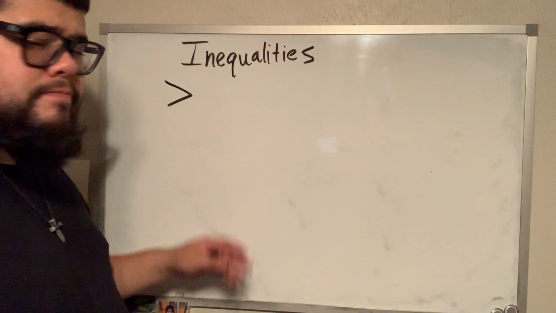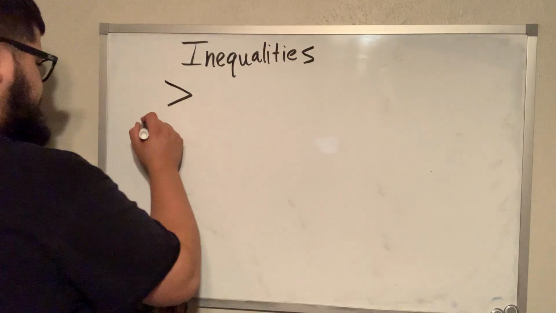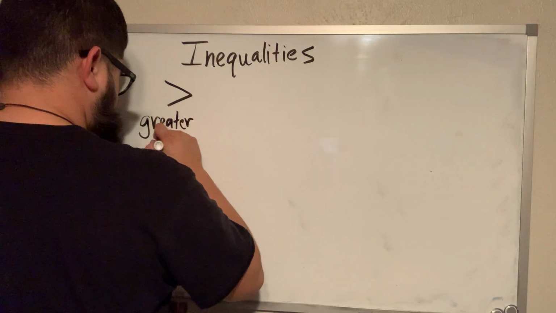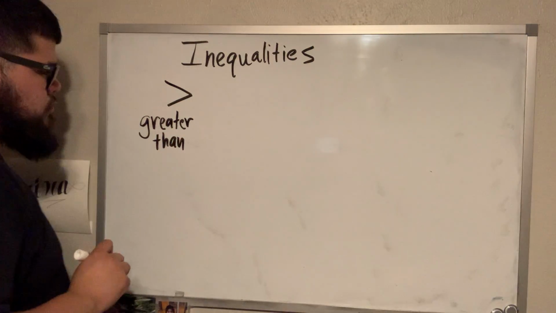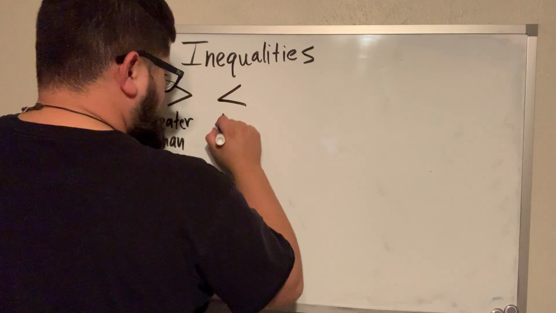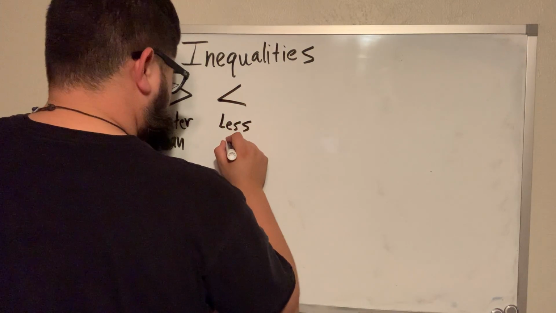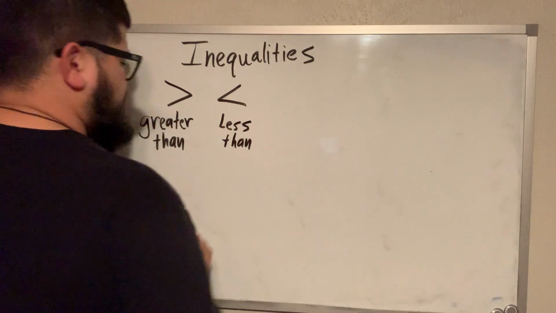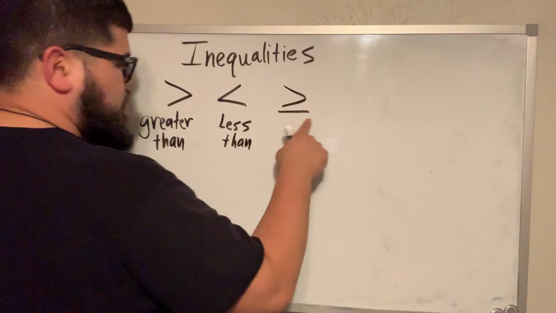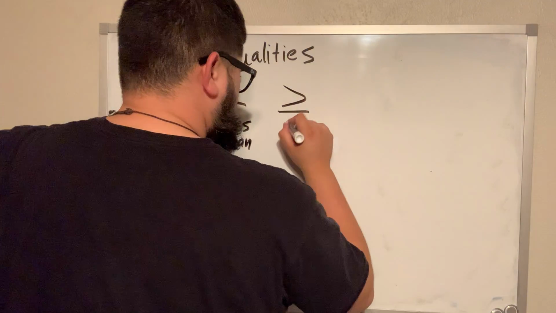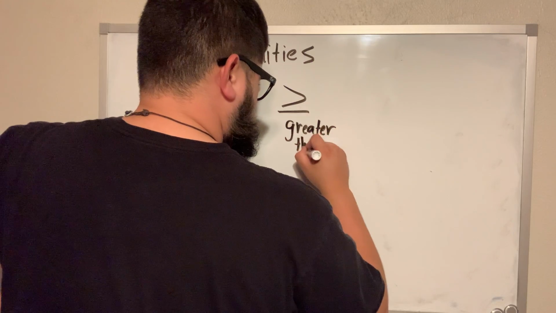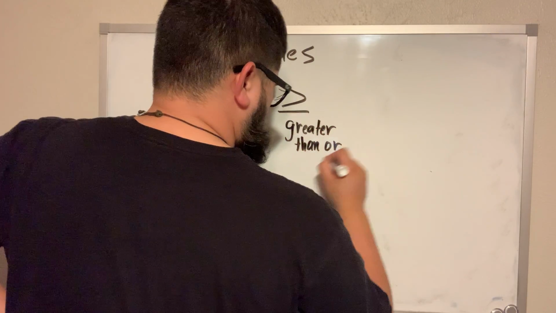It is greater than, okay? This is the greater than symbol. Next one we know, of course, is less than, right? And the other one is greater than or equal to. The little symbol underneath that line means equal to, so this is greater than or equal.